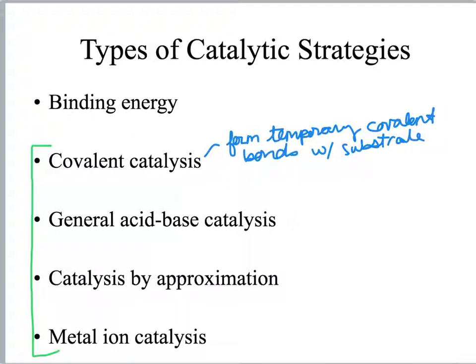At the end of the reaction, the covalent bond has to be broken because we have to be able to release the substrate and then regenerate the enzymes. That's why these are temporary covalent bonds that form.